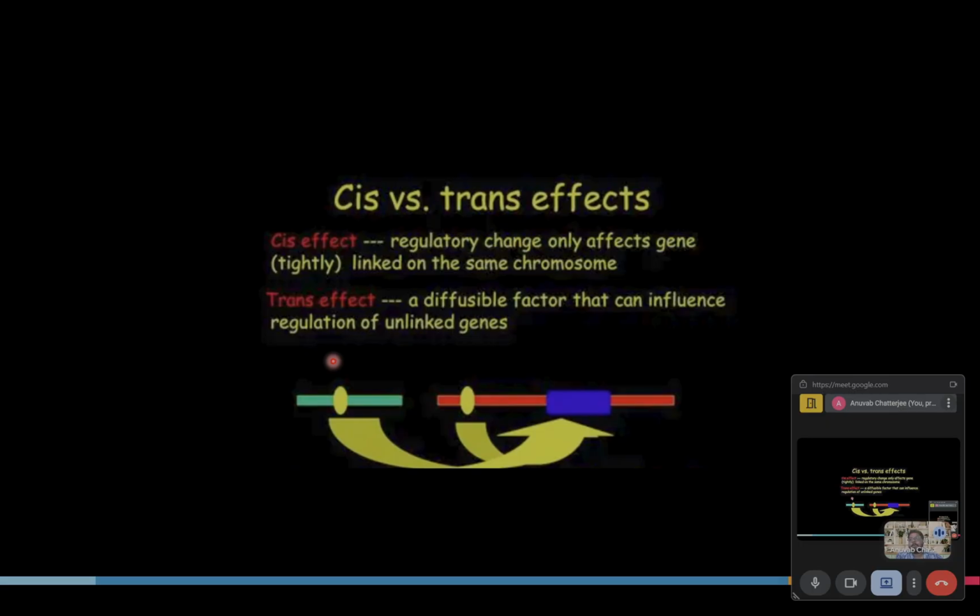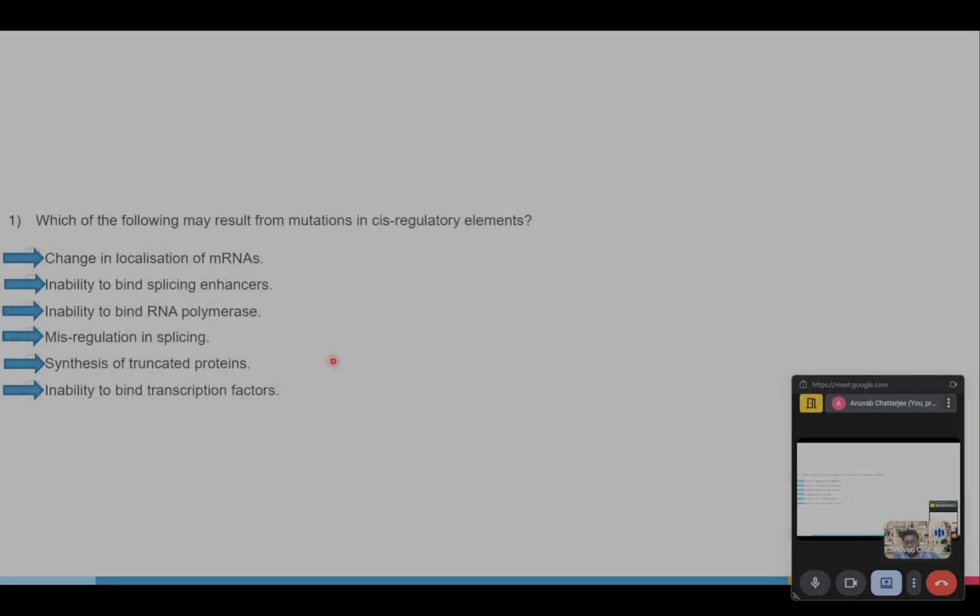So anything which is coming from somewhere else is trans acting. Anything which is present on the same segment of the DNA can directly help or regulate the gene expression is a cis factor. So the question was, which of the following may result in mutation is cis regulatory elements.